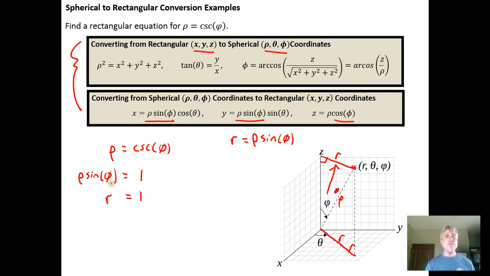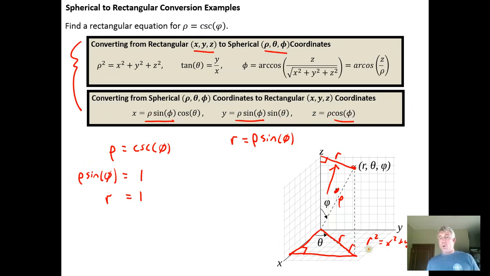And at first that maybe doesn't look very useful, except we know what r is. We have worked out in previous videos, working with polar and cylindrical coordinate systems, that r squared is equal to x squared plus y squared by the Pythagorean theorem.